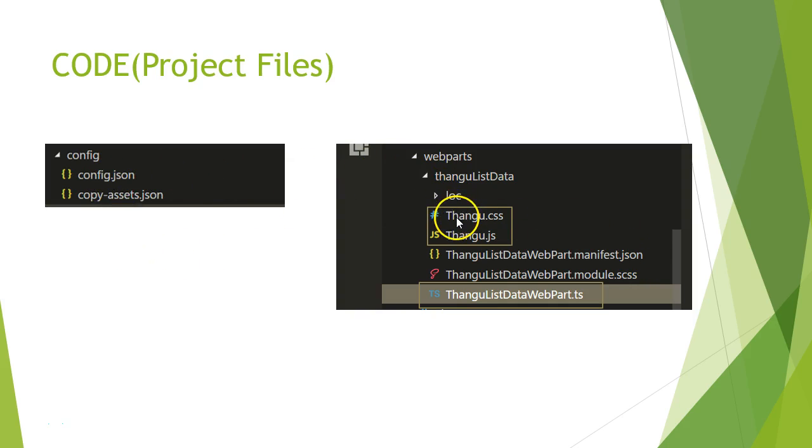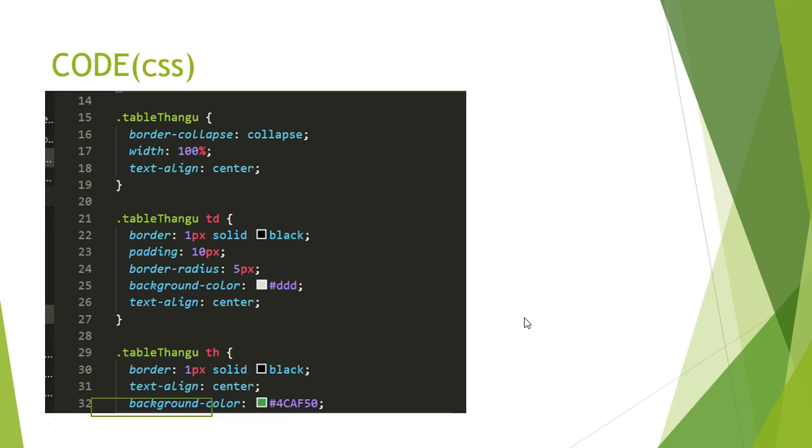After you create a CSS and the JS file, if you are migrating existing code, copy and paste that within the web part's folder, and we will be making changes to the TS file, here it is the angularlistdata web part.ts.